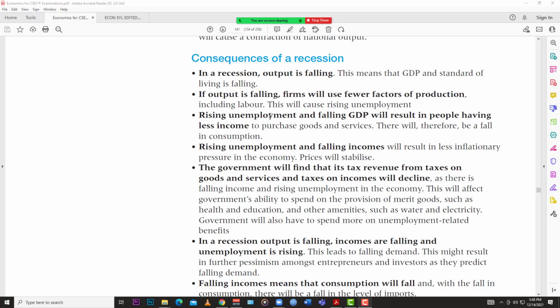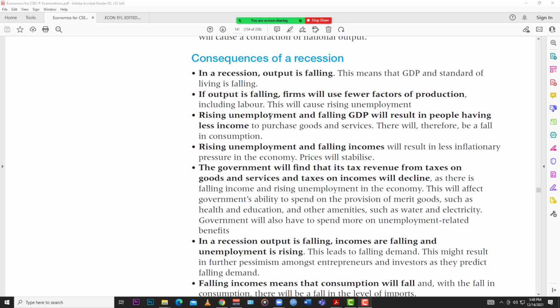Three, rising unemployment and falling GDP will result in people having less income to purchase goods and services. Therefore, there will be a fall in consumption. So you see everything following in steps right here. If I get laid off, how am I going to get money to buy stuff?